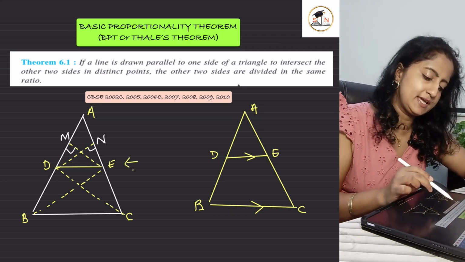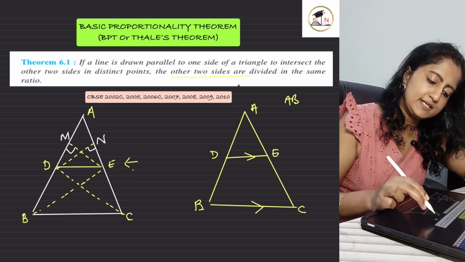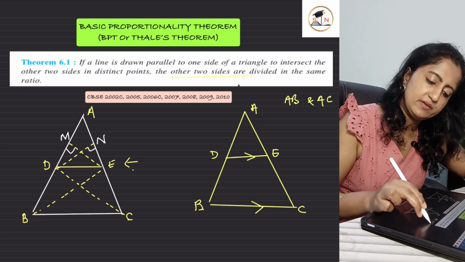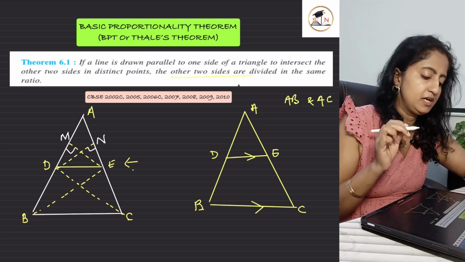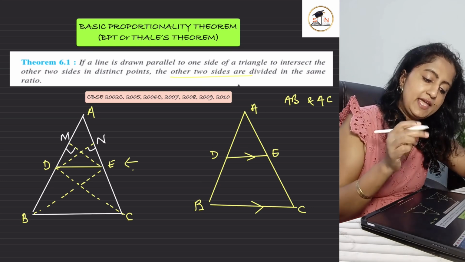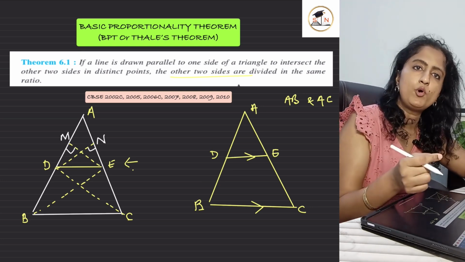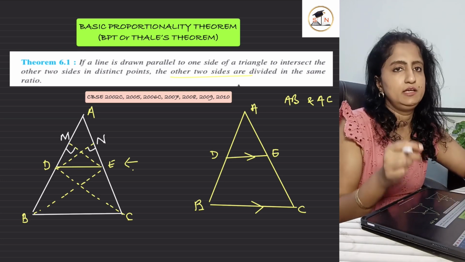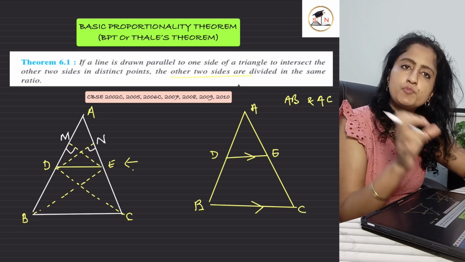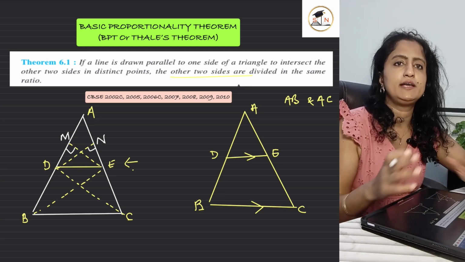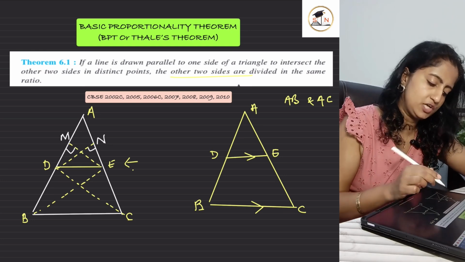Then the theorem says the other two sides, that is, AB and AC, are divided in the same ratio. AB and AC are divided in the same ratio by the points D and E, because we drew a line DE parallel to BC. So those points D and E are dividing the two sides AB and AC in the same ratio.